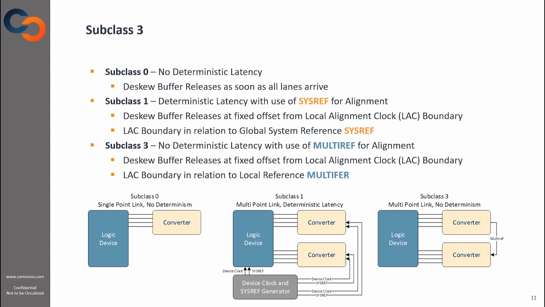In subclass 0, there is no deterministic latency and there is no way to align multiple converter devices' data when they're separate devices. The data from the elastic buffer is released as soon as all lanes provide the data in that specific device.